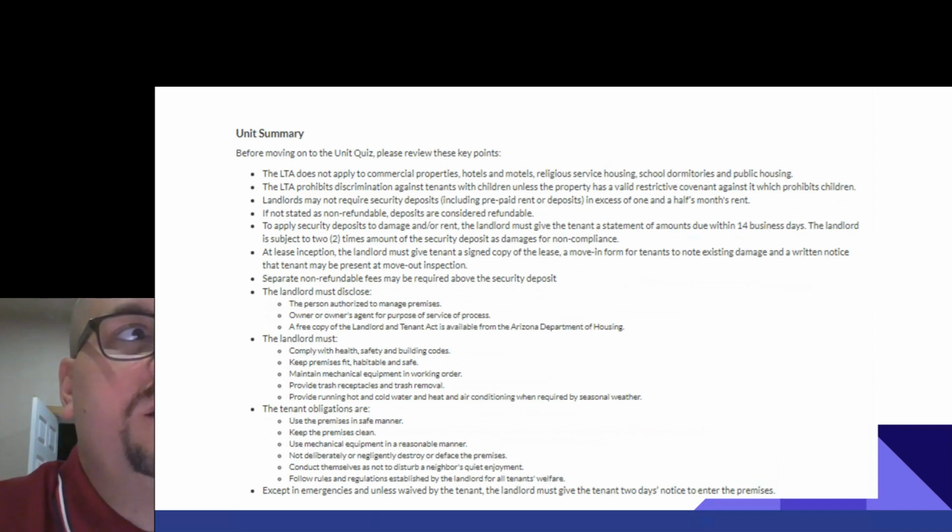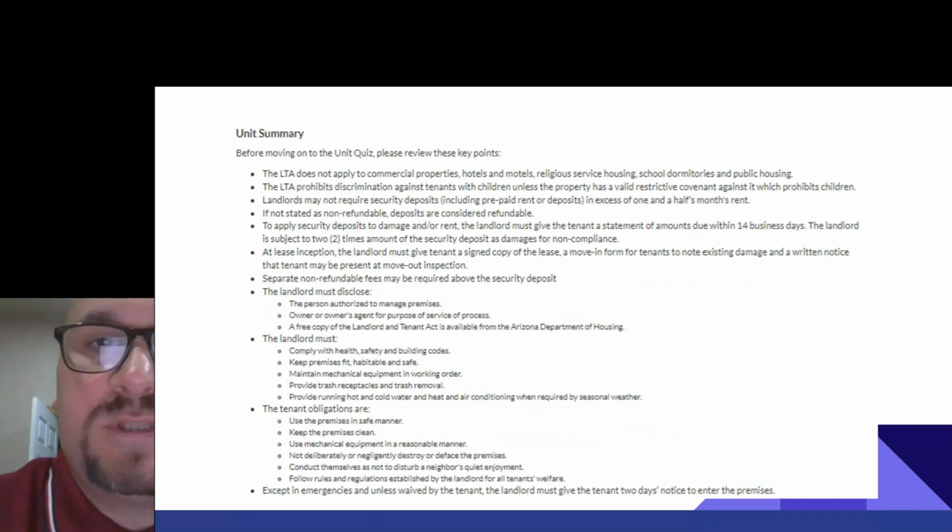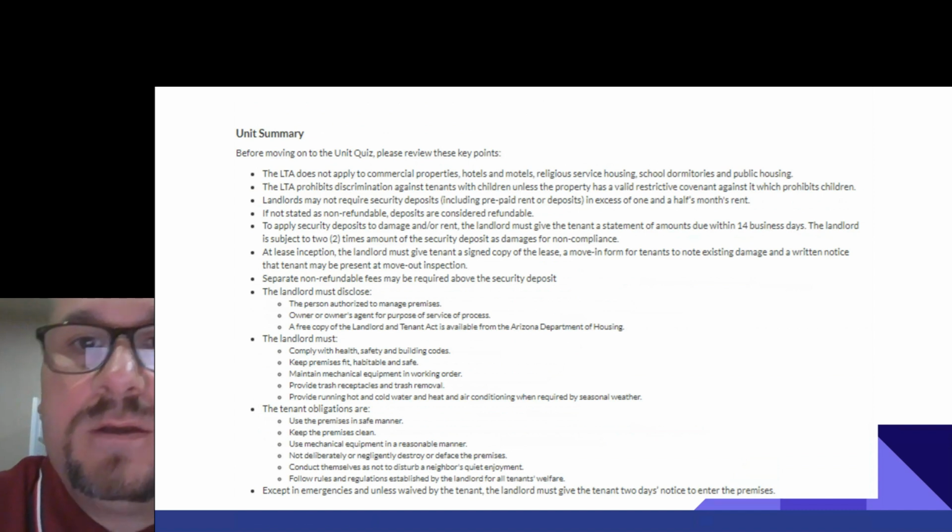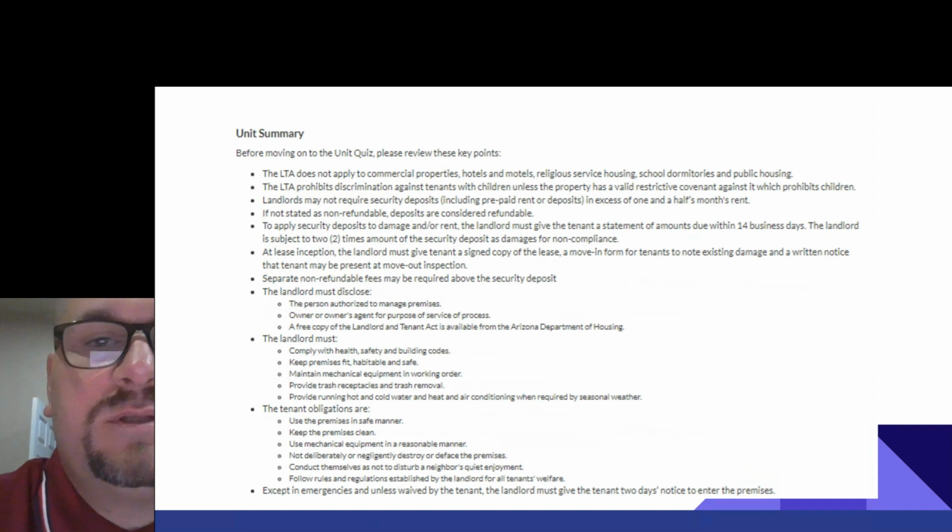So if you put in a deposit and it wasn't stated as non-refundable, it typically is refundable. To apply security deposits to damage and or rent, the landlord must give the tenant a statement of amount due within 14 business days. It's about 2 weeks.